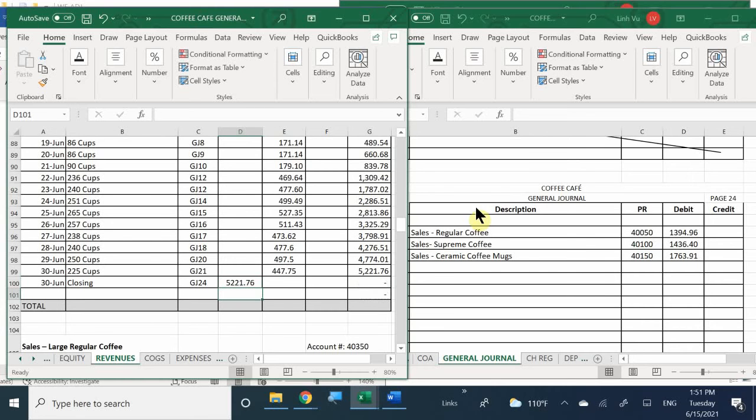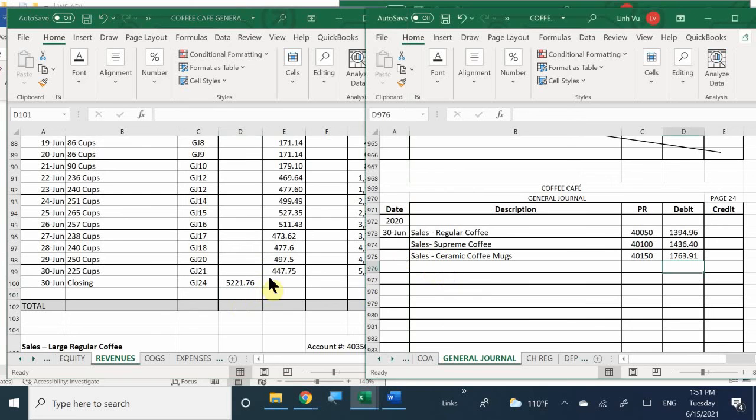Good. Now that's a perfect 0, so I'm going to debit my sales for the medium regular coffees for a total of $5,221.76.